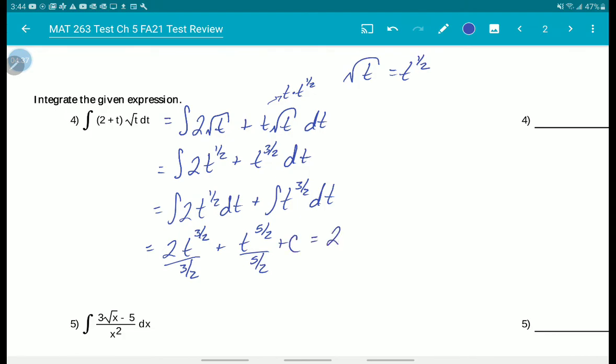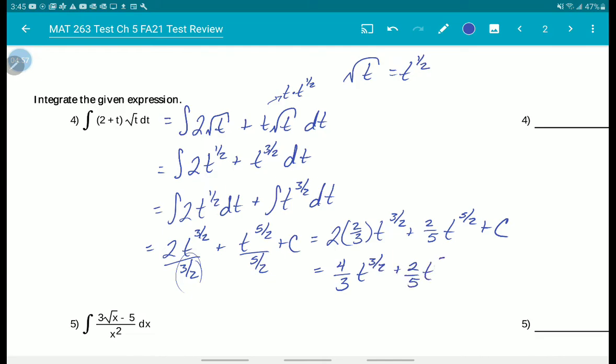Now, dividing by a fraction is the same thing as multiplying by the reciprocal. So we could skip straight to this step. And then finally simplify. So there's our final answer.